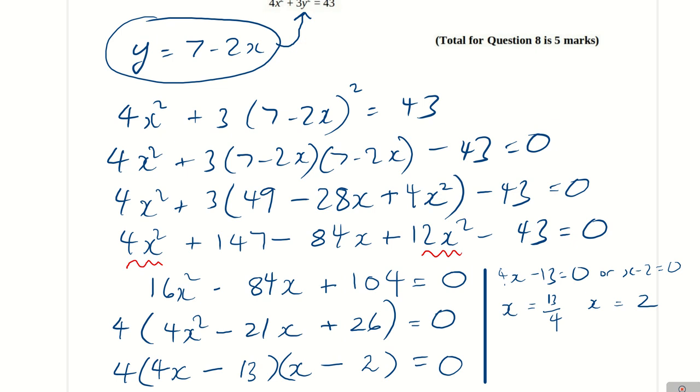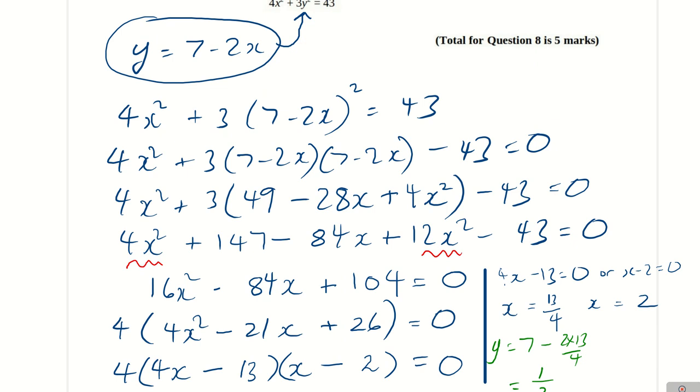The easiest way to do it is to substitute into the equation we've got for y. When x is 13 over 4, y is going to equal 7 minus 2 lots of 13 over 4, which is 7 minus 26 over 4, which comes to a half.